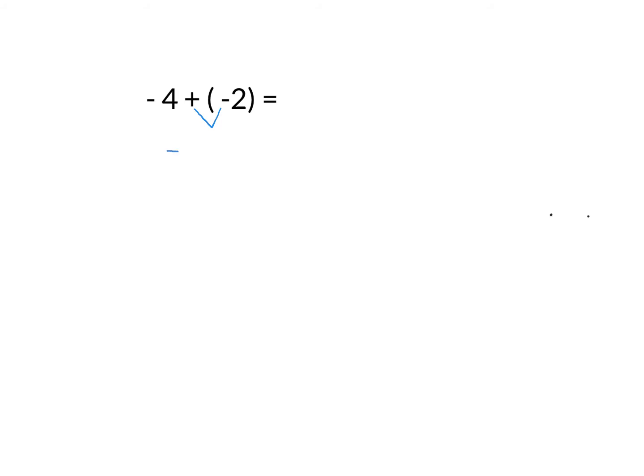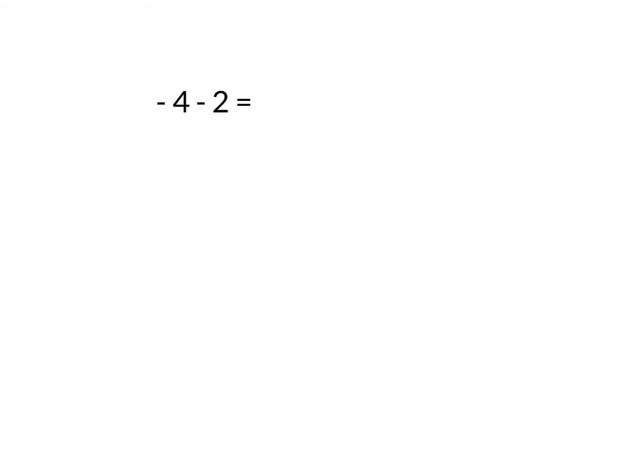The negative is going to win, so I'm going to rewrite that and keep my -4 minus 2. So now I was $4 in debt. I'm going further in debt. So now I'm $6 in debt. Either of those true strategies works.